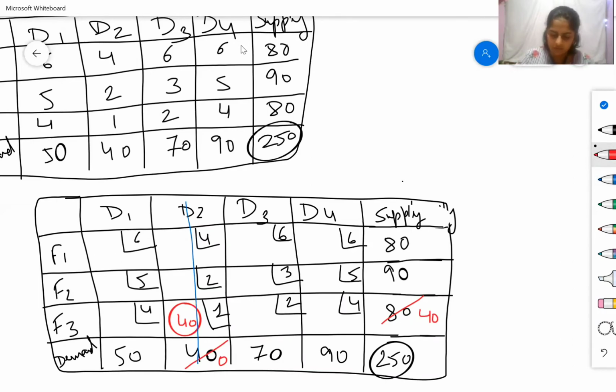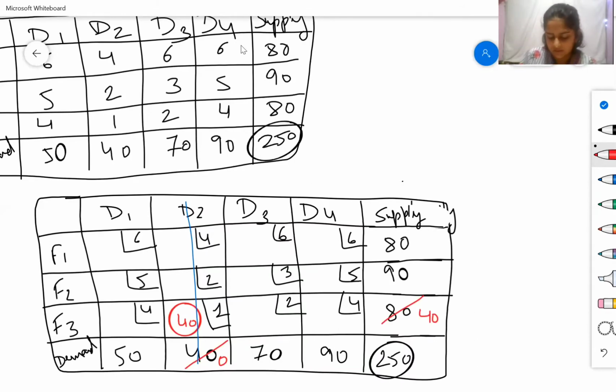Now, to do the second allocation, we have to see the lowest cost again. And now we have to ignore the D2 column. Other than that, we have to see from D1, D3 and D4 which one has the lowest cost. So we have here 2 has the lowest.